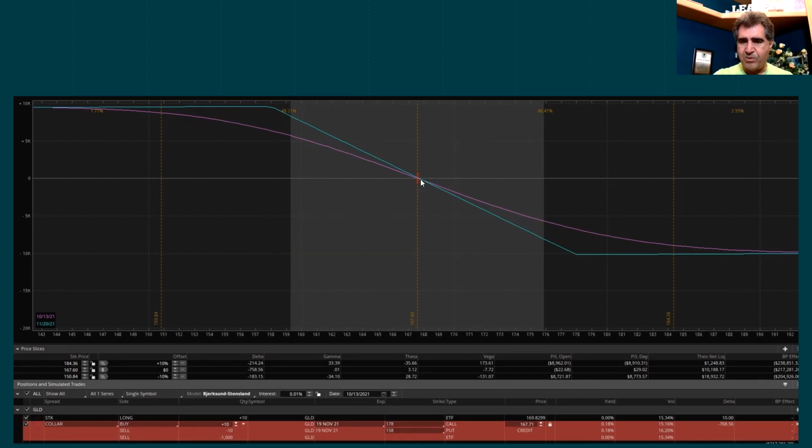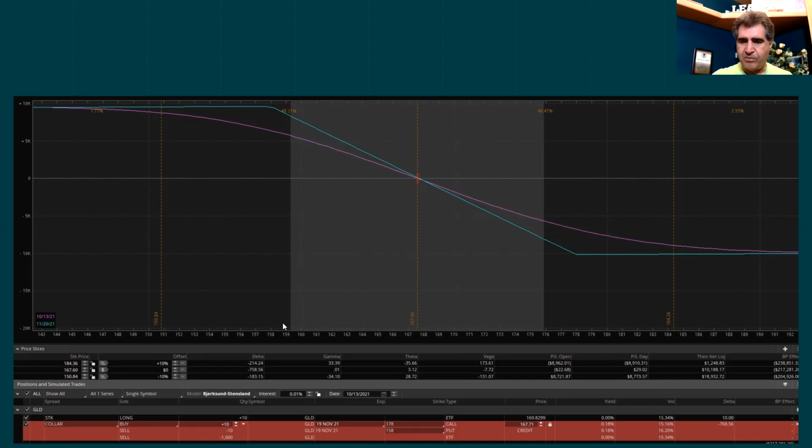And you can see the break even is at the strike plus 11 cents. So the idea is, again, this should be reversed. So we go up here and basically that caps at 167.71, and then the put side comes down and is capped at 158.11.